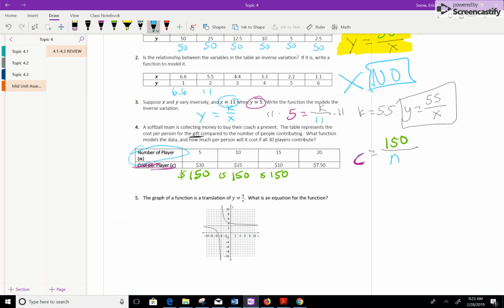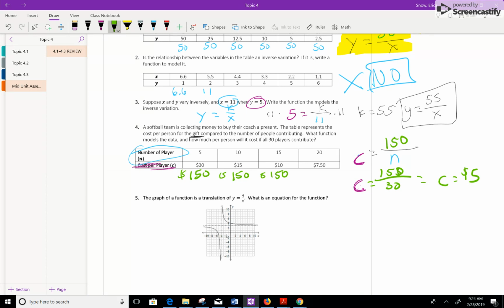So there's our function. And then if we have all 30 players contributing, then we would just plug in 30 for n. Sorry, I'm trying to keep this all color-coded for you. I'm going green, y'all. So c is going to be $5 per player.